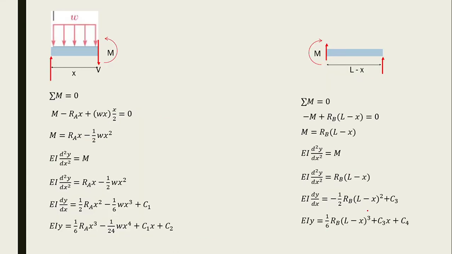Now after we know the reaction force at each support, we need to determine the internal moment. We divide it into two parts. This is part AC, and this is part CB.